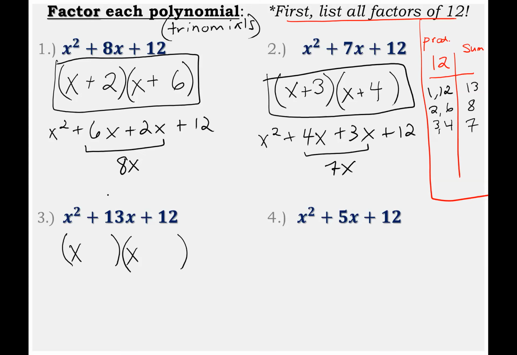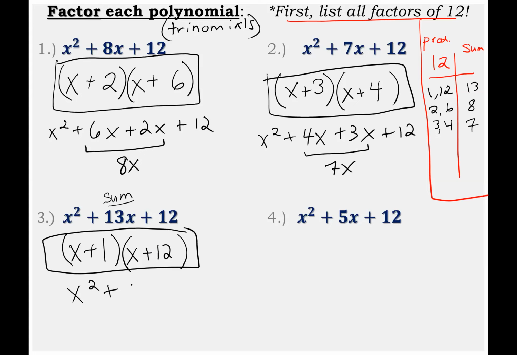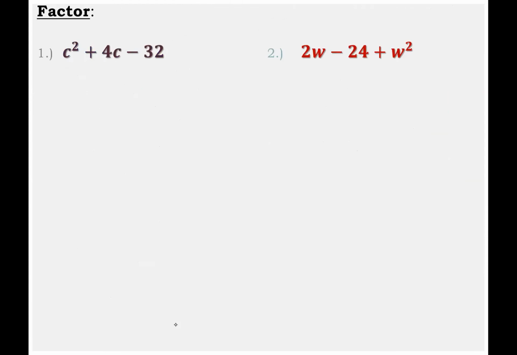Remember, we're looking for factors of 12 that have a sum of 13. It's this first option, 1 and 12. 1 times 12 is 12, and 1 plus 12 adds up to 13. So if we check it, x squared plus 12x plus 1x, you can write plus x if you prefer, but it is 1x, and then plus 12. These do add up to that 13x.